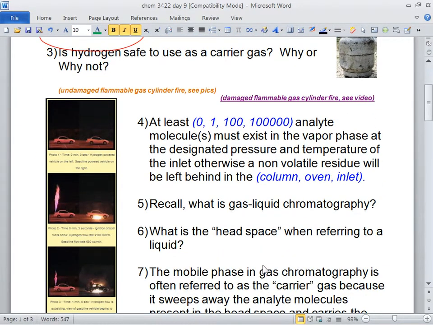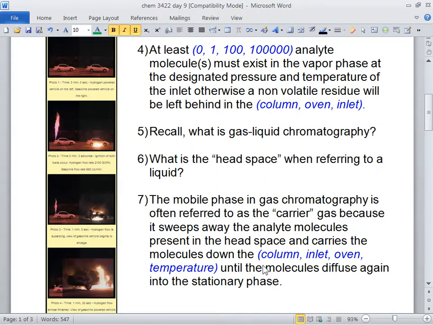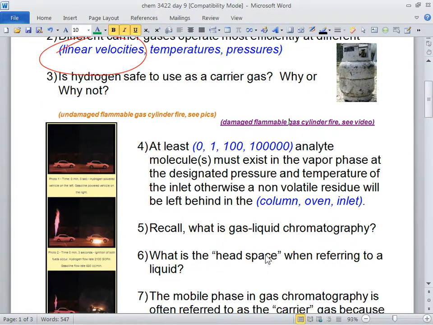Well, that's damage, though. So it says all the time, all the damage.